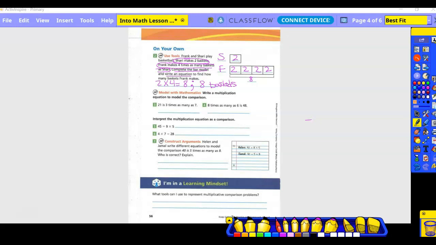Model with mathematics. Write a multiplication equation to model that comparison. So 21 is 3 times as many as 7. So what does "is" mean in this problem? What's it going to mean in our equation?